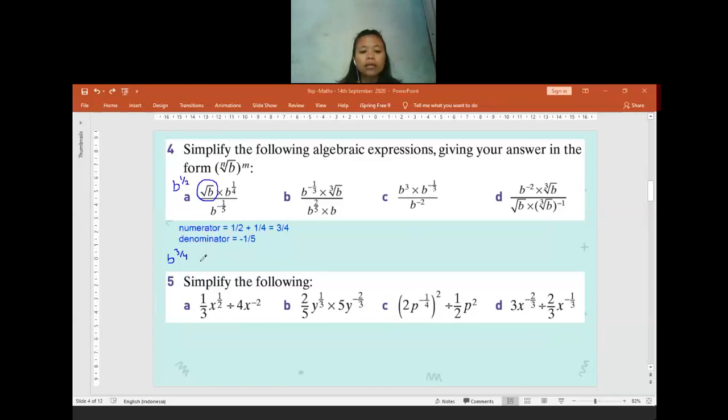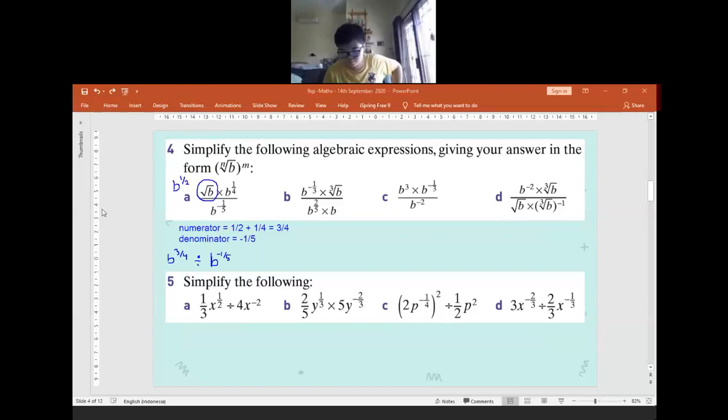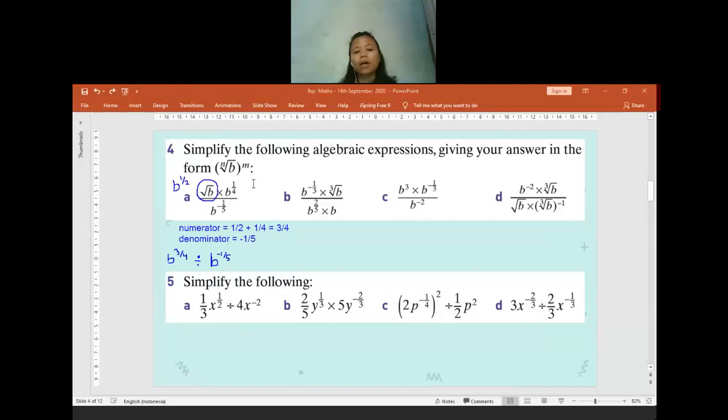We can simplify it. If it is division, what do we do to the power to simplify them? Make it minus, right? Subtract the power. So now we have 3 per 4 minus negative 1 per 5. How many will it be?